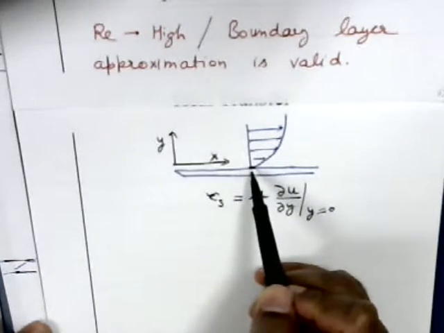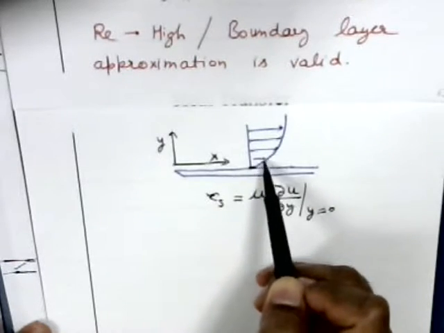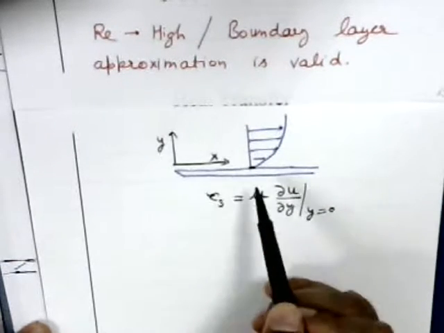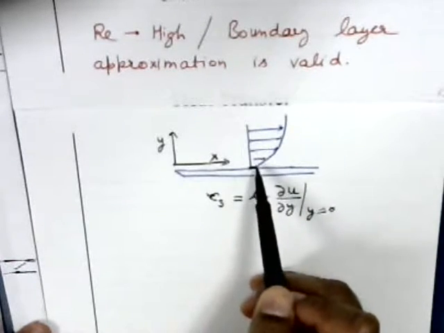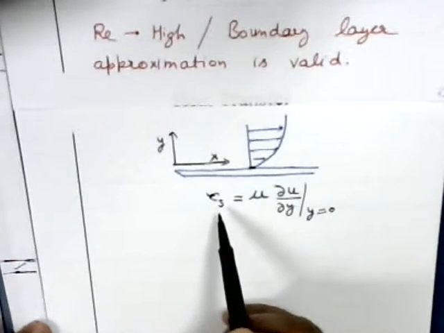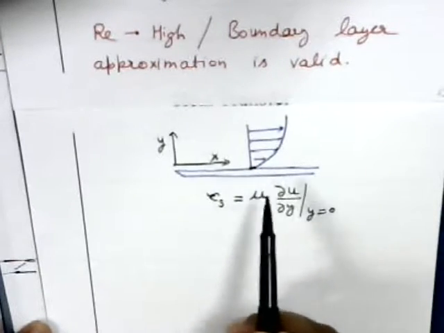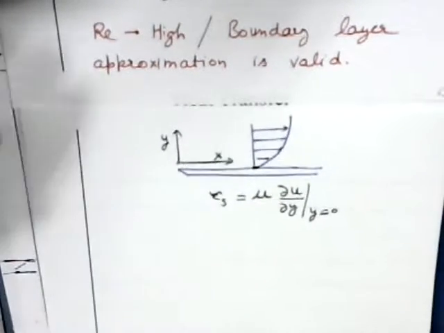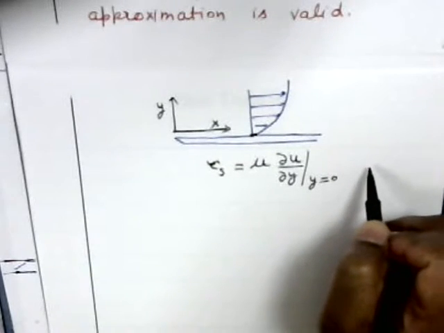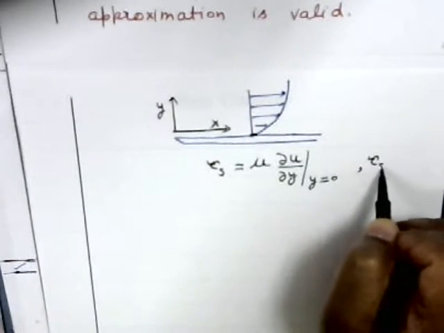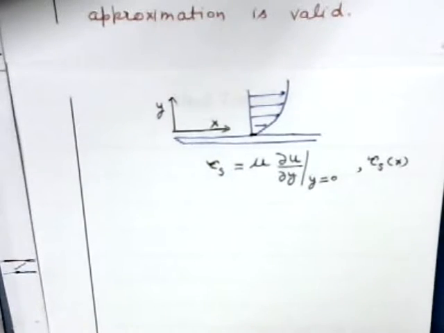So that's why this boundary layer is important, because this velocity gradient is confined to the boundary layer, and the gradient at the wall is going to determine how much this shear stress is, so how much drag this plate is going to experience. And generally we express this shear stress, which actually is a function of x. Let me write it explicitly here. So this tau s is a function of x.